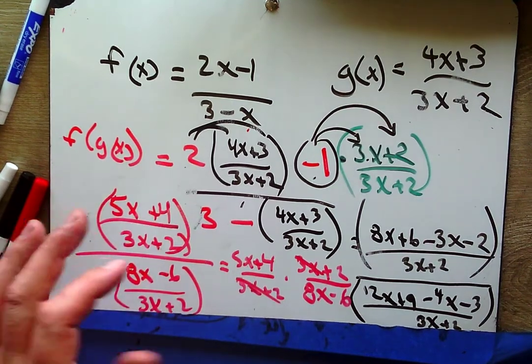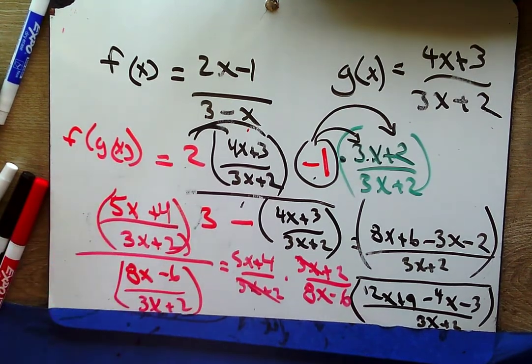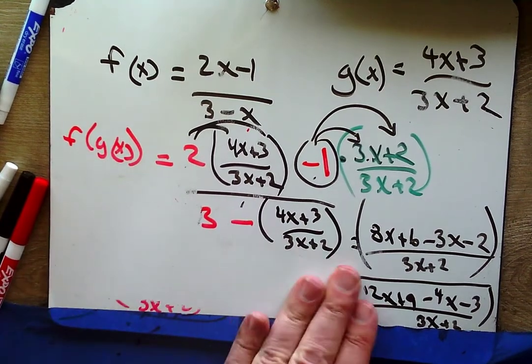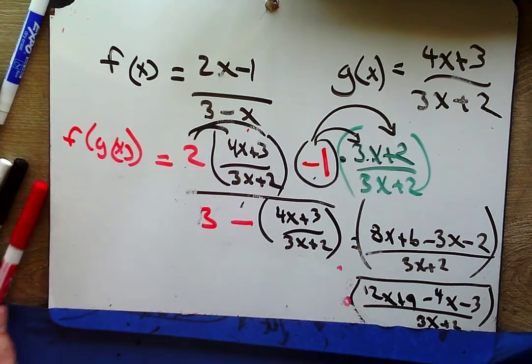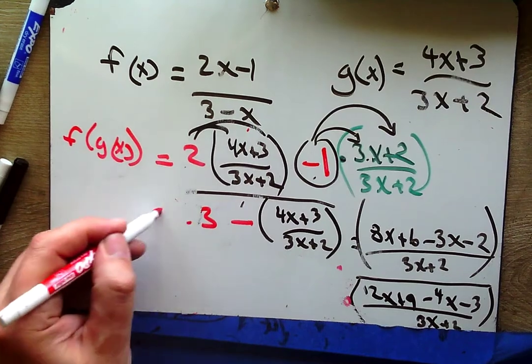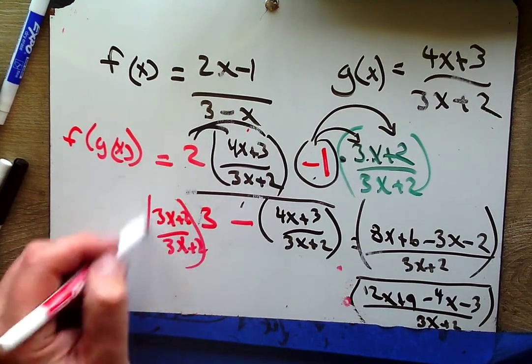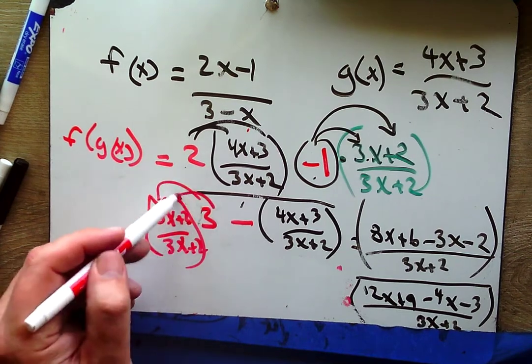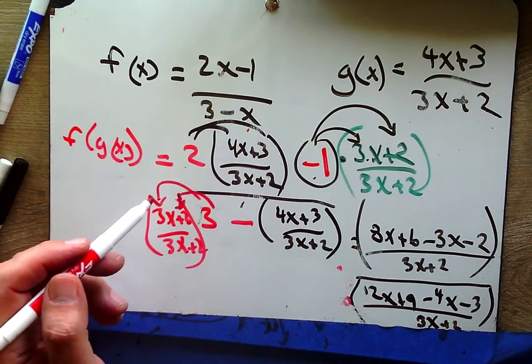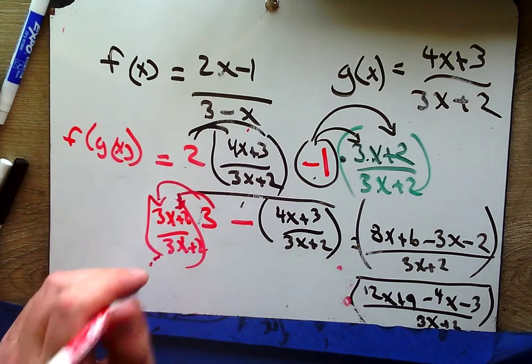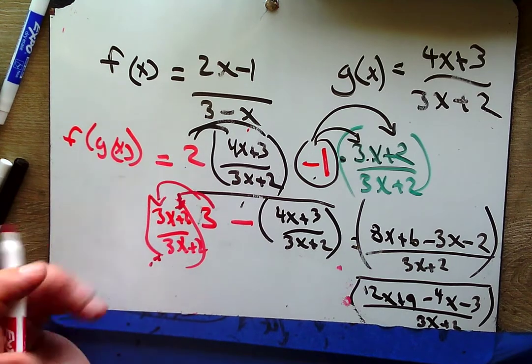Did I really do that step? I think I did that step. I seem to have erased it, so I'm not entirely sure I did that step. So this is 3x plus 2 over 3x plus 2. That's going to be 9x plus 6. What's missing here?